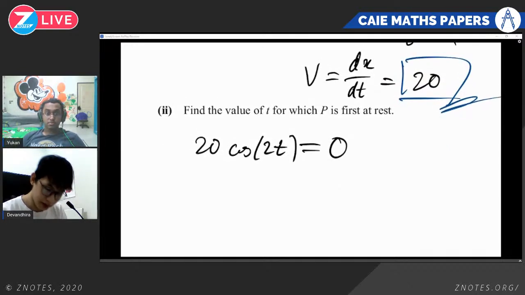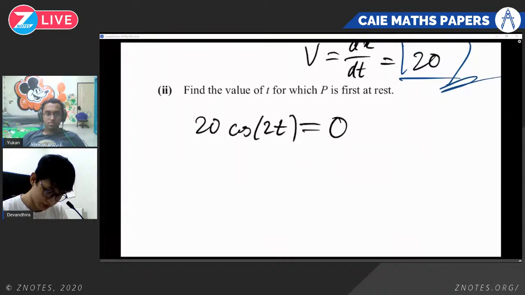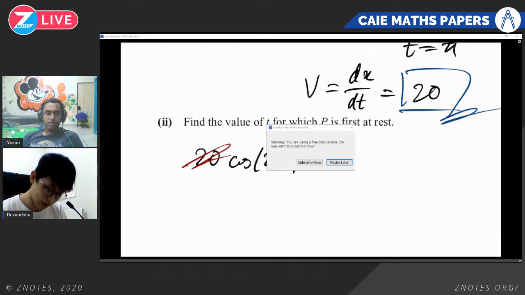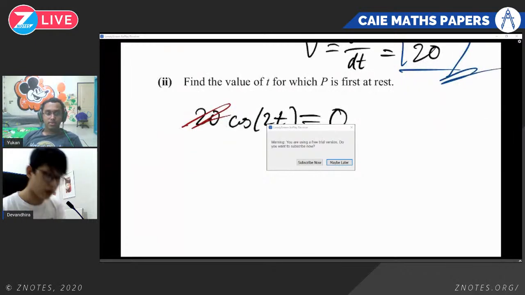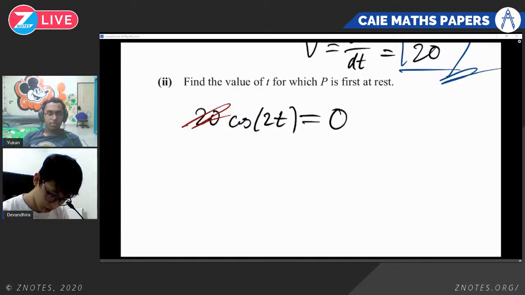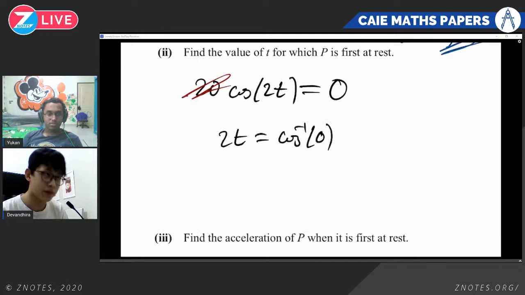How can we find this? Well, the 20 doesn't matter if we divide both sides by 20. And then we take the inverse cosine of 0. What's the inverse cosine of 0? Which is pi over 2.